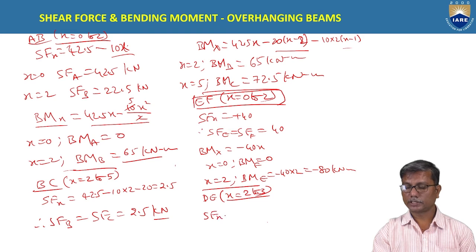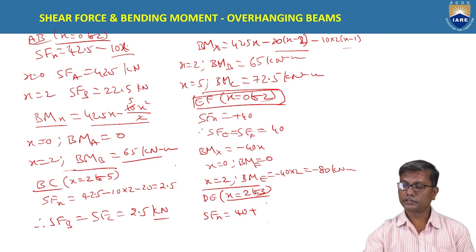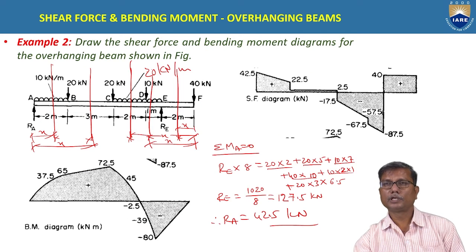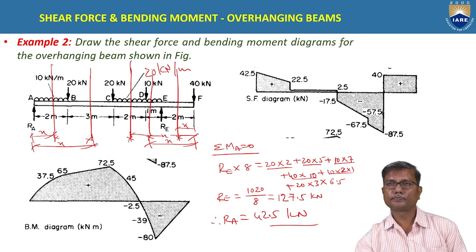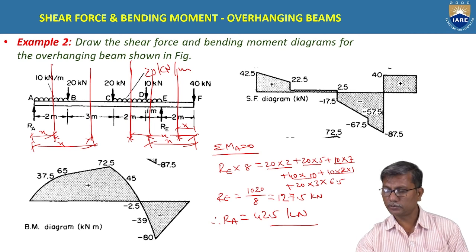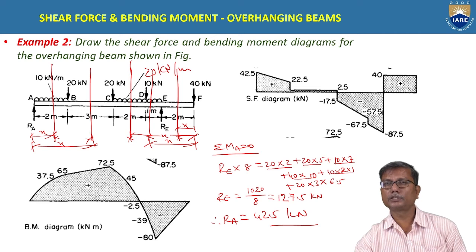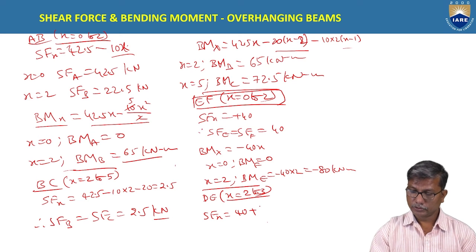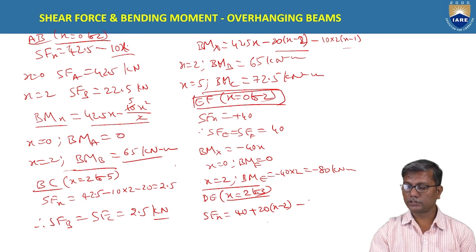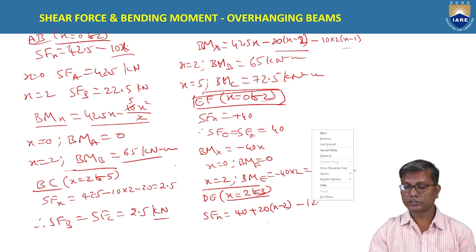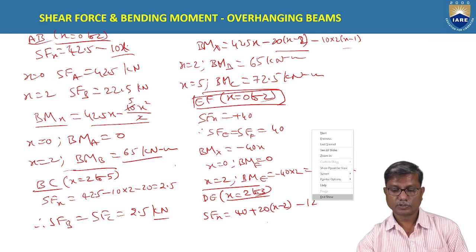Now, shear force at X is 40 plus 20 into X minus 2, since the UDL is 20 kilonewton per meter, minus RE. RE is 120. What is RE?